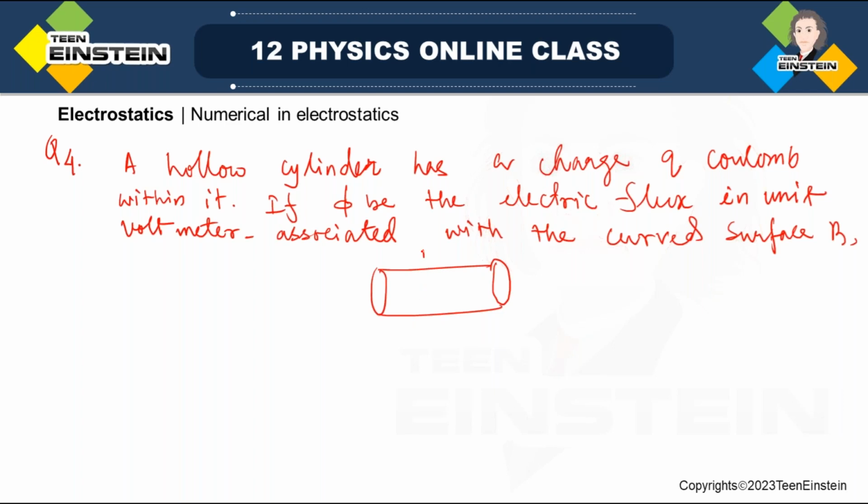So this curved surface is B, this is A, and this is C.